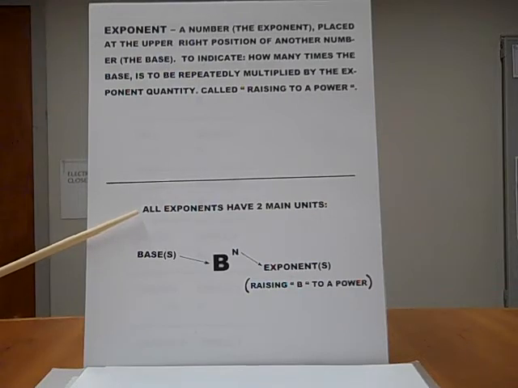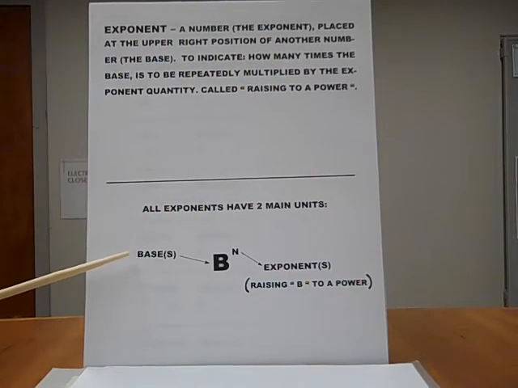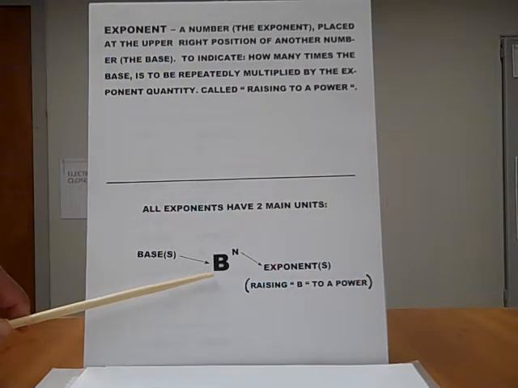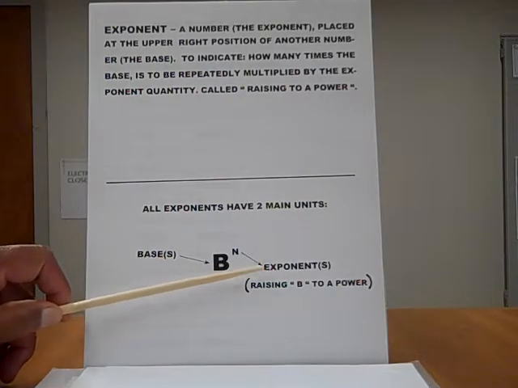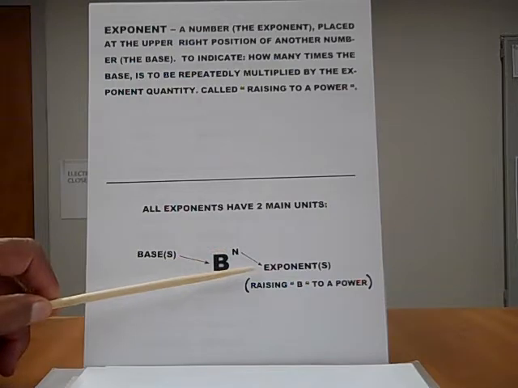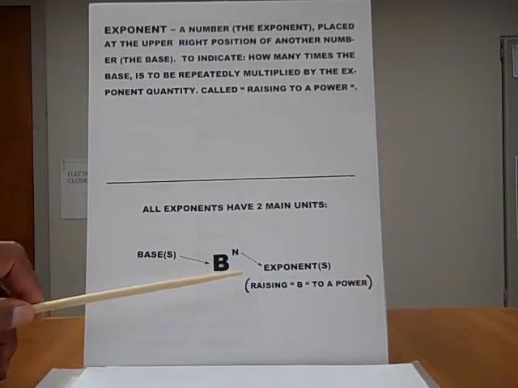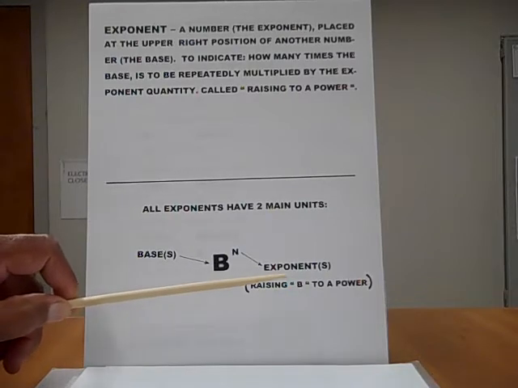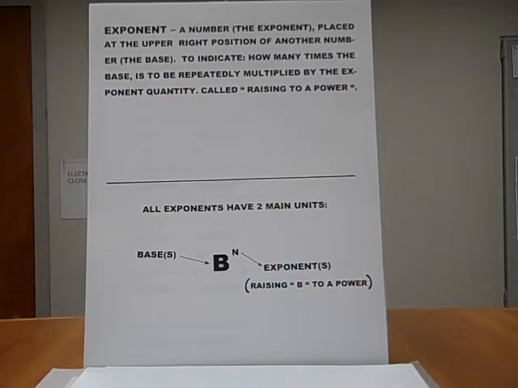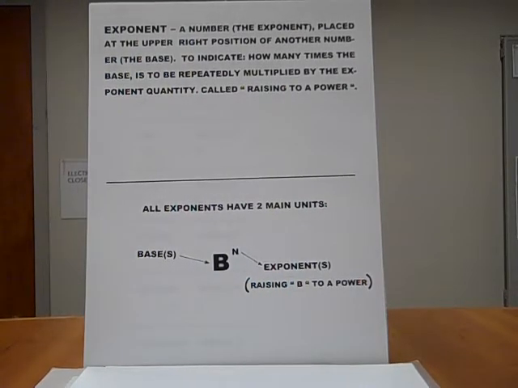All exponents have two main units, the base, represented here by B, or bases, and the exponent, represented here by N, or exponents, plural. This N is raising B to a power, the power of N in this particular case.